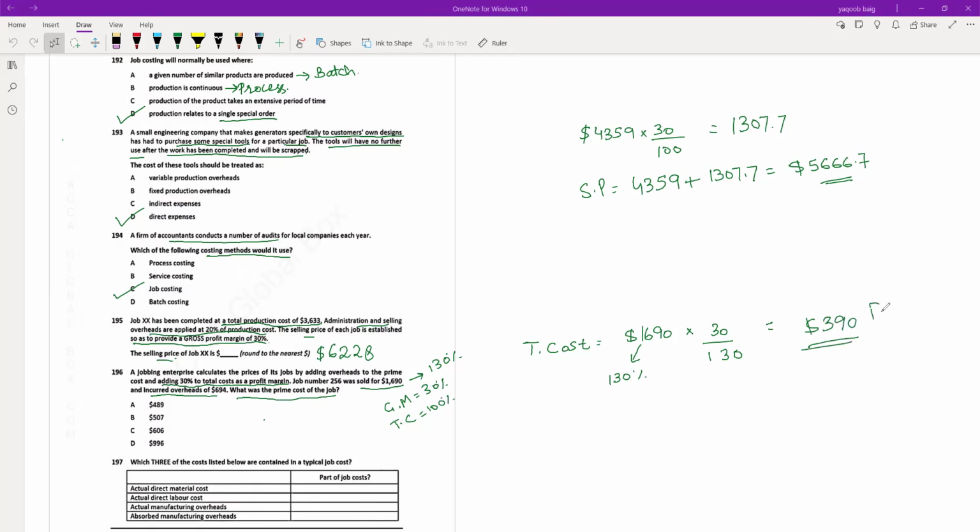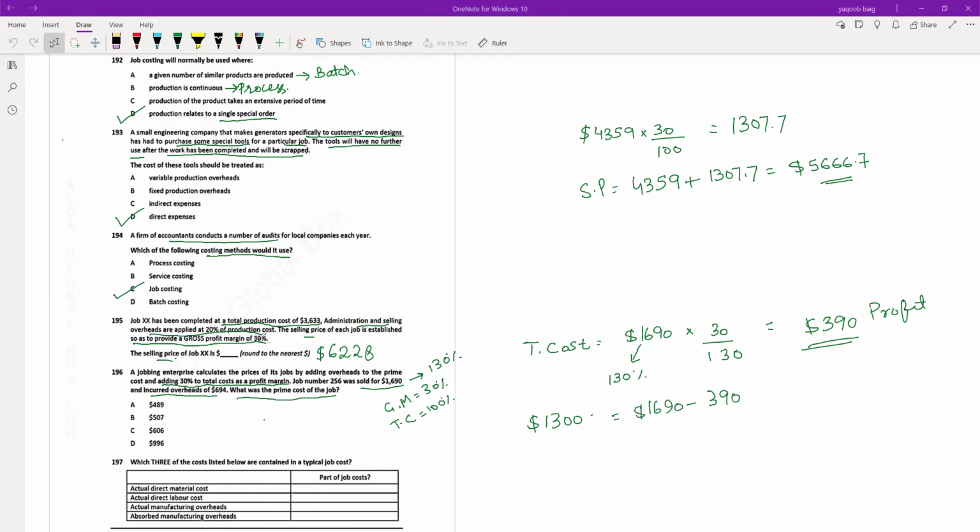This one is the portion of profit. We want to know the total cost. So 1690 minus profit portion 390, we have $1,300 as the total cost.